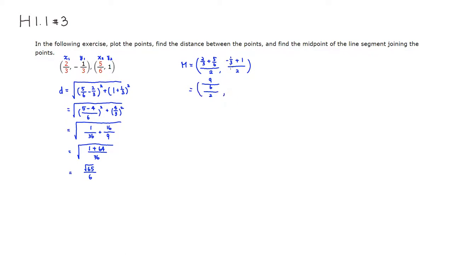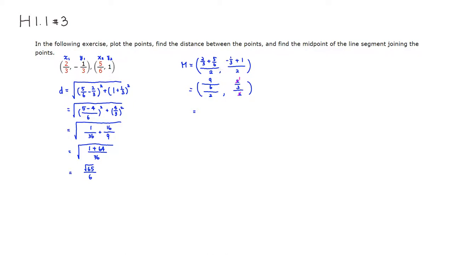Here, 1 is 3/3 minus 1/3, so that's 2/3, and then you divide by 2. This one's easy because the 2s cancel out, so you get 1/3. Then here we multiply the denominator, 6 and 2.